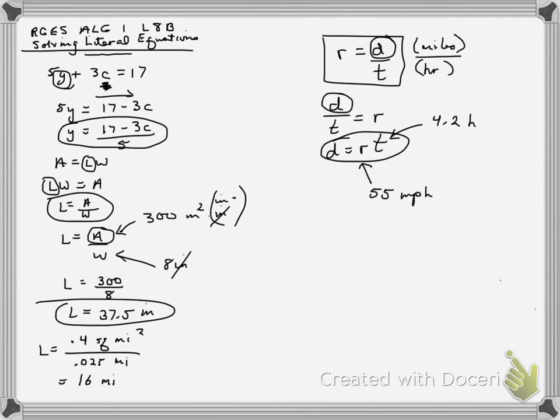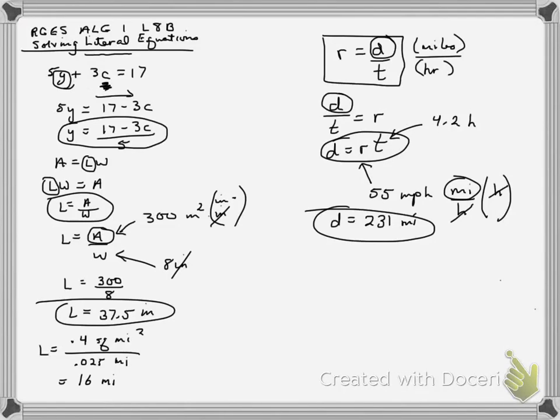And I am multiplying these, okay? And so miles per hour simply means miles over hour, right? Per hour. And so if I take 55 times 4.2, my answer will be 231, just because I know what I'm dealing with. My unit is going to be miles.